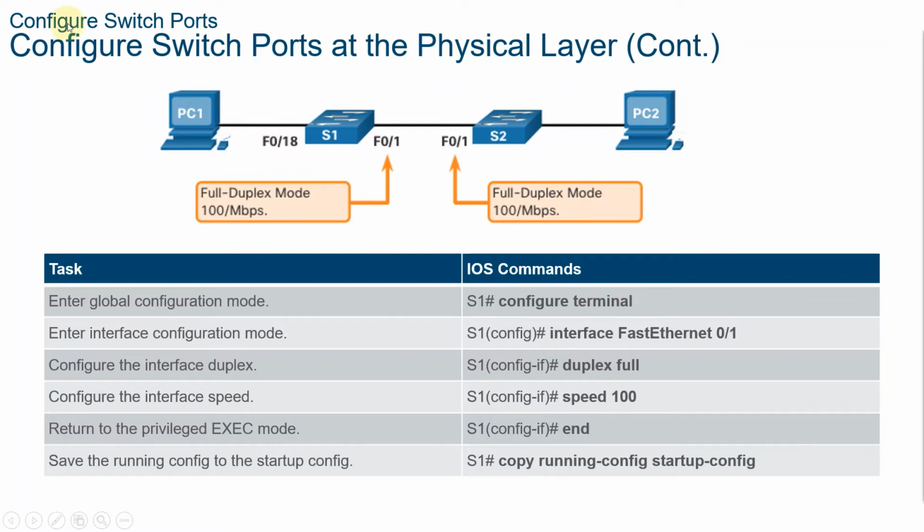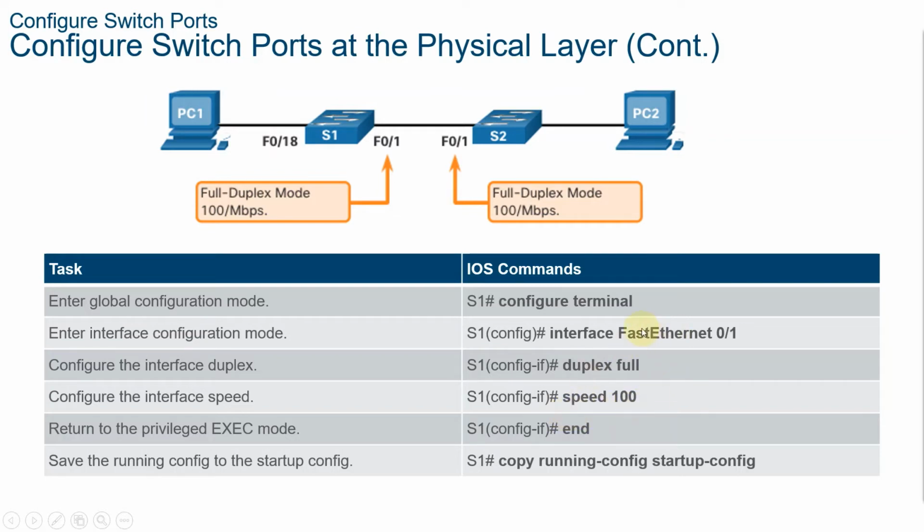Take note that any mismatched settings for the duplex mode and speed of a switch port can cause connectivity issues. Auto negotiation failure creates mismatched settings. For instance, if you are going to set switch 1: interface FA0/1, duplex full, speed 100.